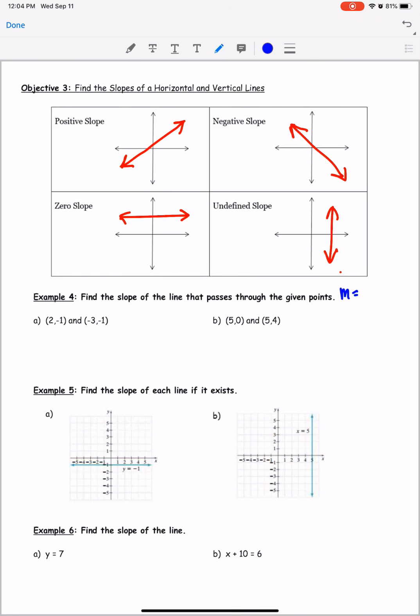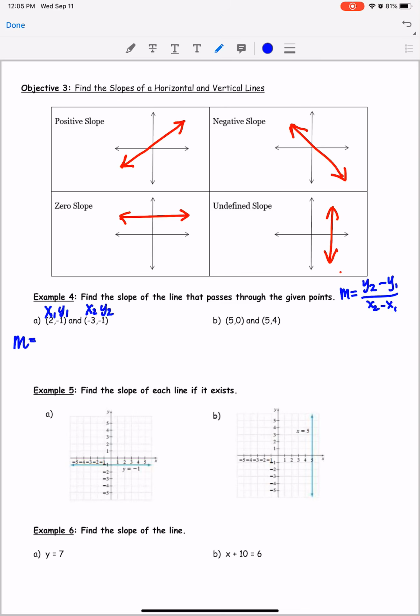We are using our y2 minus y1 over x2 minus x1 formula. So label your points. This is x1, y1, x2, y2.